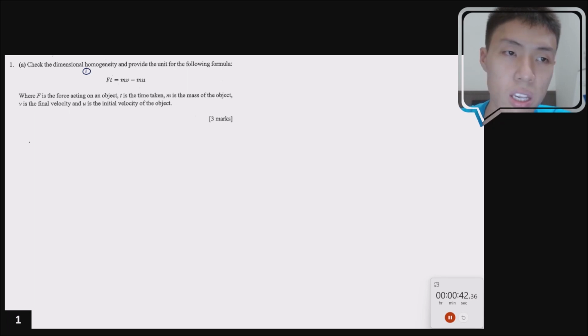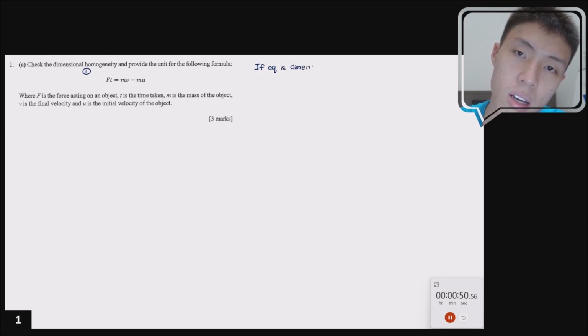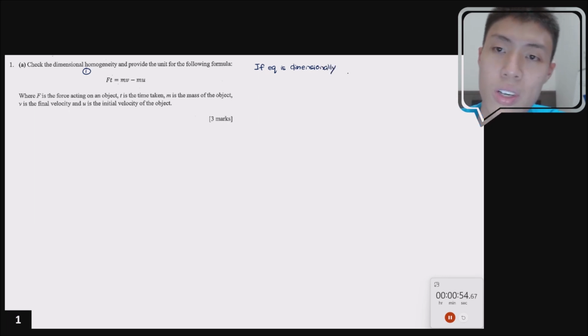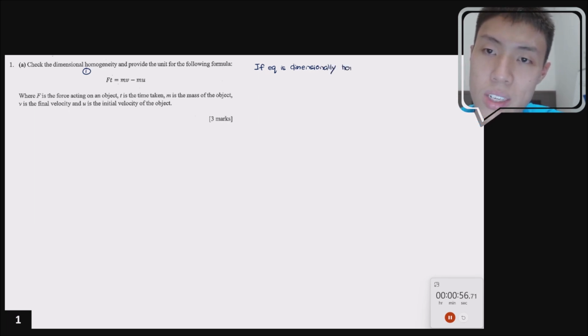Okay, so let's write something here. If an equation is dimensionally homogeneous, I'm not solving a question, I'm just discussing a bit about the concept.